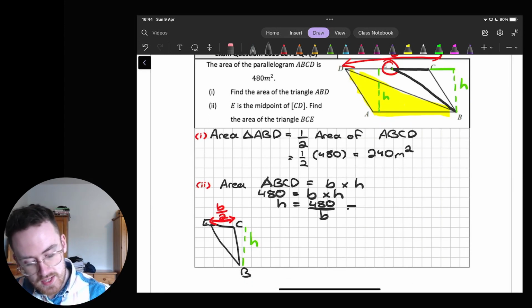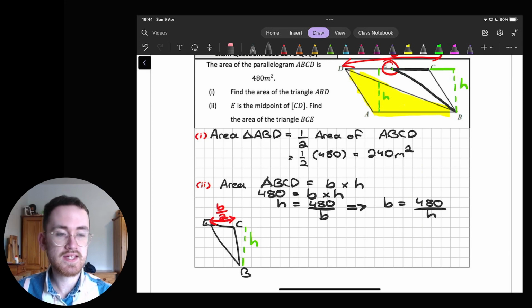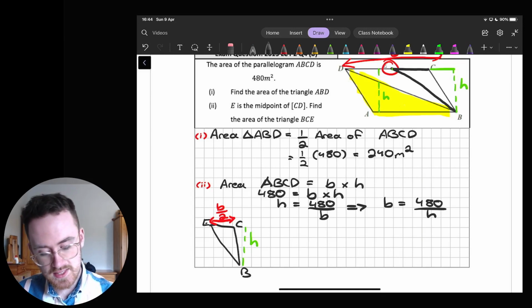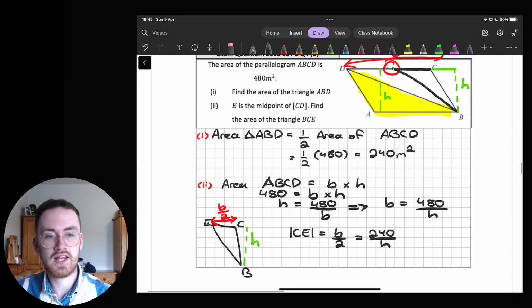So I was correct in saying we'll write out our two options: either the height is 480 divided by the base, or the base is 480 divided by the height. So the distance from C to E, the base divided by 2, would be 240 over H.